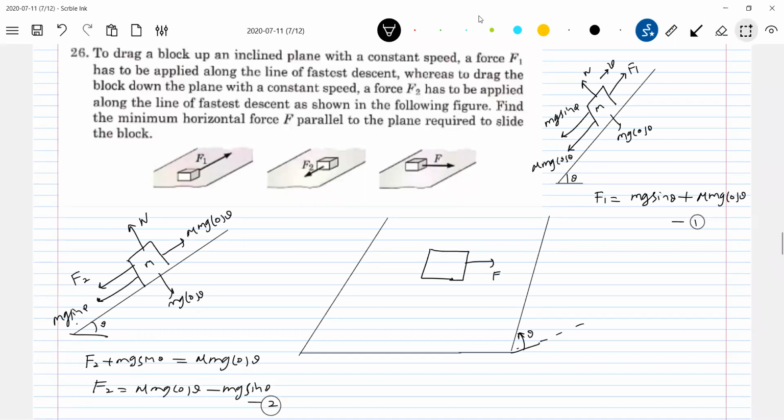So let's define the two directions here. This one is parallel to the incline. This is an inclined plane, and what I am showing is a line parallel to the inclined plane.